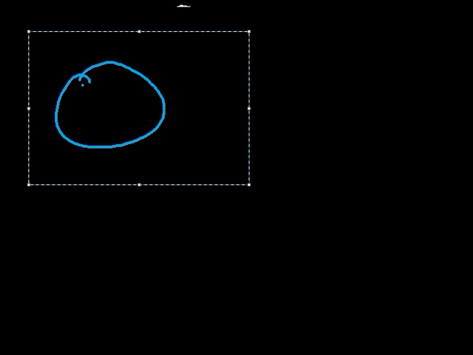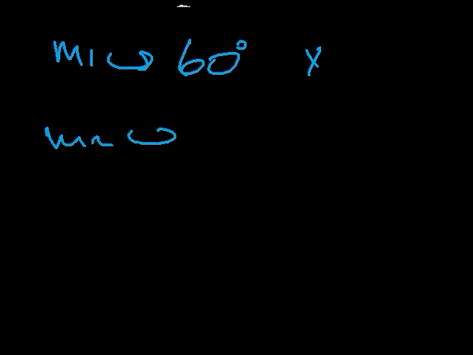Also think about this one as well. Now initially, what if the object of mass 1, before collision, is moving at an angle of 60 degrees with respect to the y-axis, and let's say object 2 is moving at an angle of 50 degrees with respect to the x-axis.